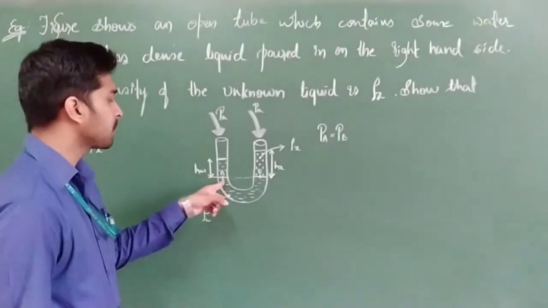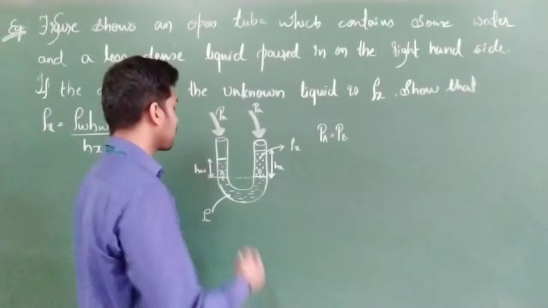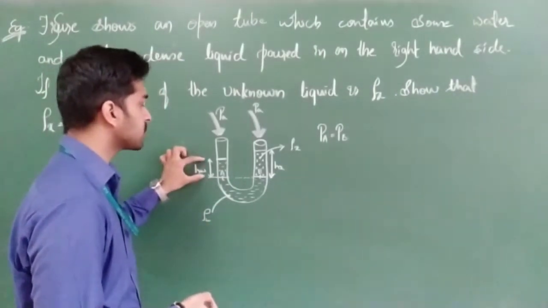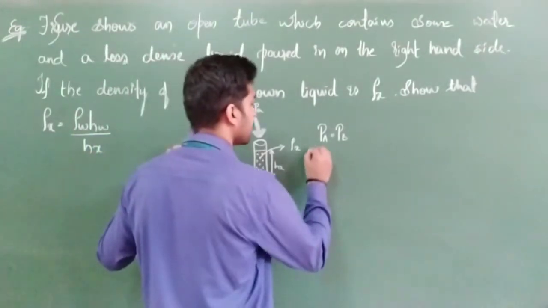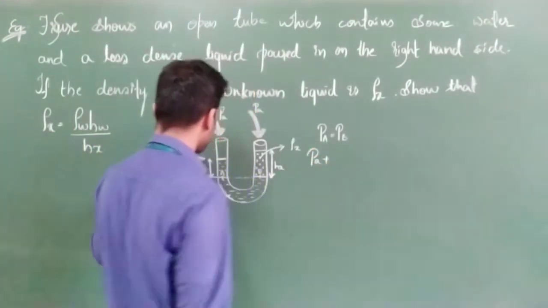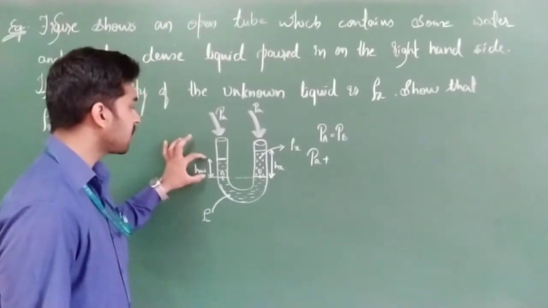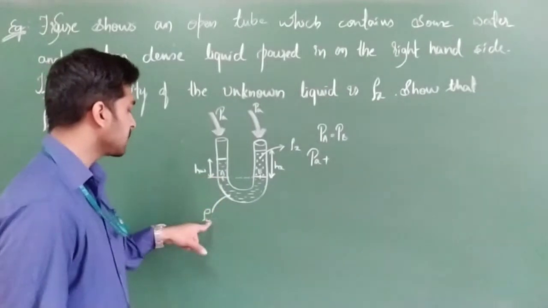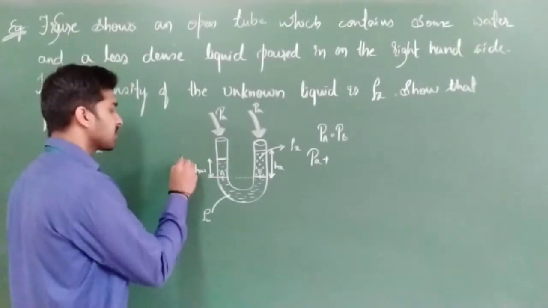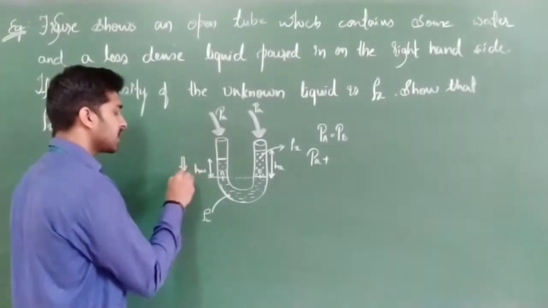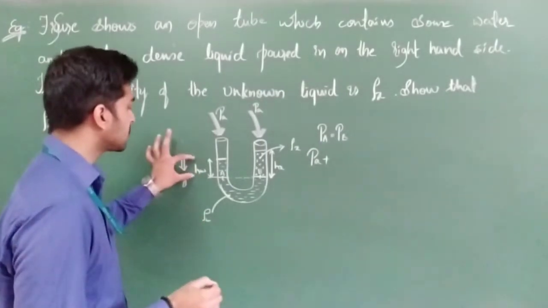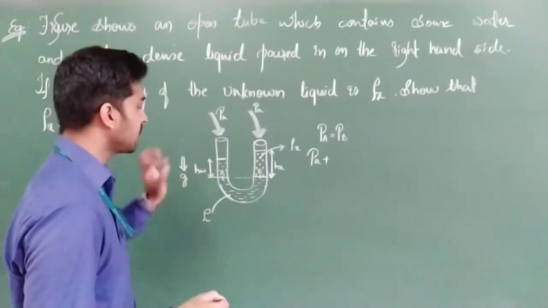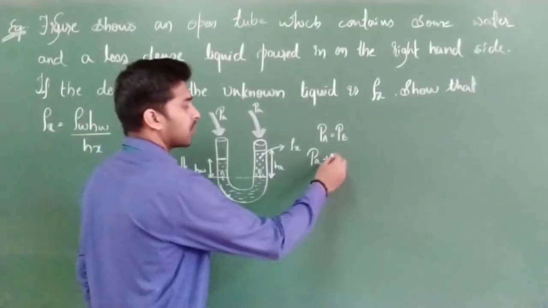Now the pressure at point A. Let us go for the equation. We get atmospheric pressure plus the pressure due to this liquid column. So PA plus, for this liquid column, the density is rho w, acceleration due to gravity acts downward, that is g, and h is the depth hw, where w stands for water.